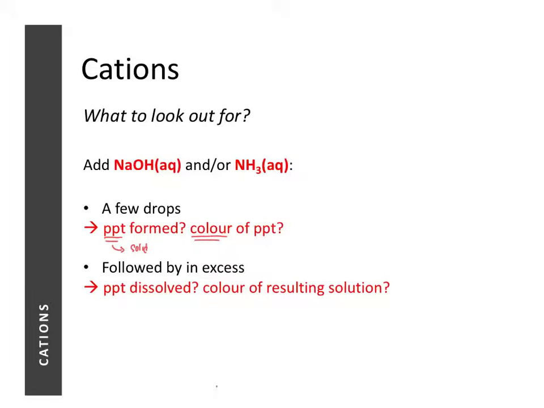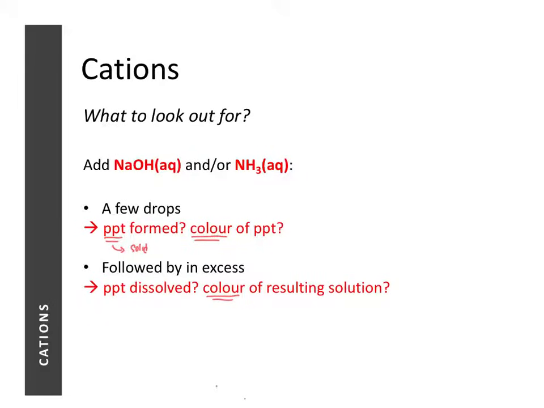Then after adding drop-wise, we are supposed to add a lot of the reagent, sodium hydroxide or aqueous ammonia. What we are supposed to look out for is whether the precipitate dissolves in excess of the reagent. And if it dissolves in excess of the reagent, we need to look out for the color of the resulting solution.